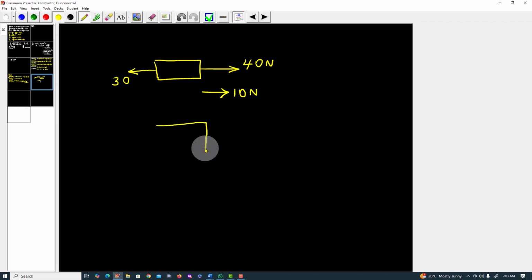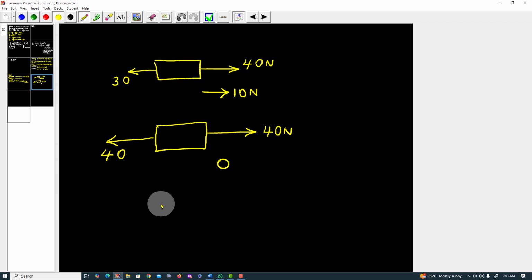You could have a situation where there are two forces or more than two forces, and if one is 40 newtons, and the other one is in the opposite direction of 40 newtons, the resultant force is 0.